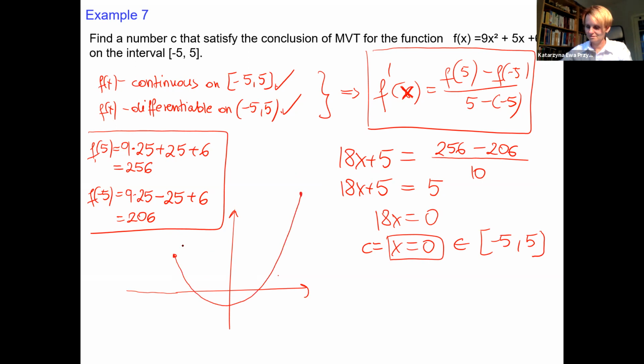Let's see this. Okay, maybe. At -5, we have value 206. At +5, we have value, I'm just trying to picture this situation, 256. And the average rate of change, I can use blue.